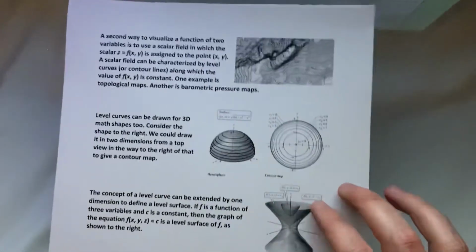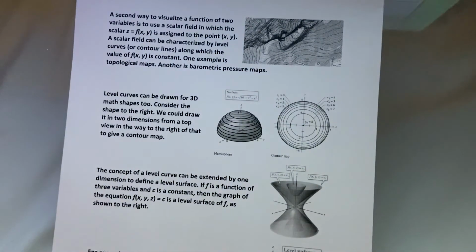The other 2 pages are some interesting tidbits. There's another way to visualize functions of 2 variables using scalar fields. This is like topological maps, often level curves, level maps, that demonstrate where the height of the terrain changes, so you can put it in a 2D map.